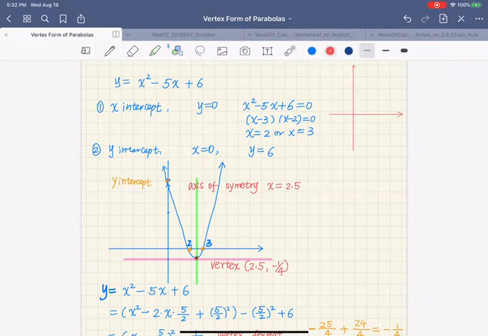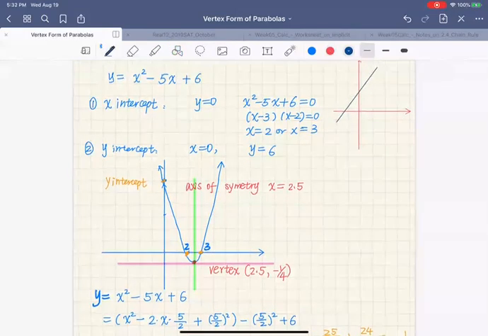We learned about linear function before. So Valeria, what's this point called? The y-intercept. Good job. What's this point called? Oh, it's the x-intercept. Good job.